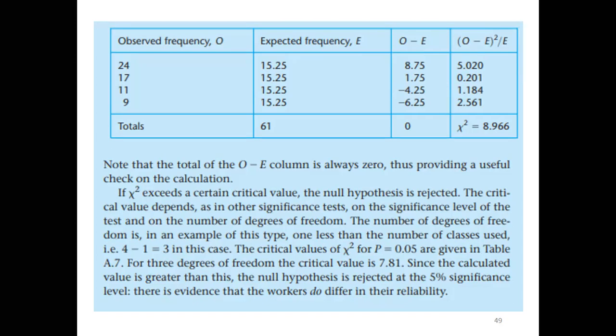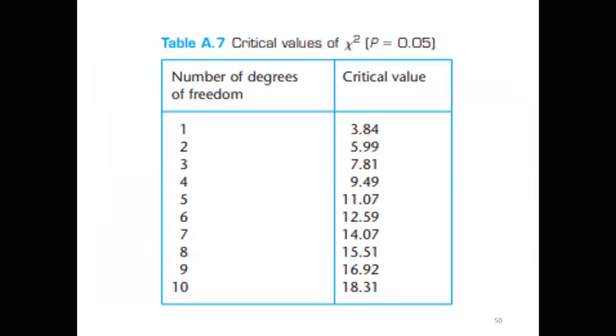So there is evidence that the workers differ in their reliability. Okay, that is how we compare the frequencies using the chi-square. Is that clear?